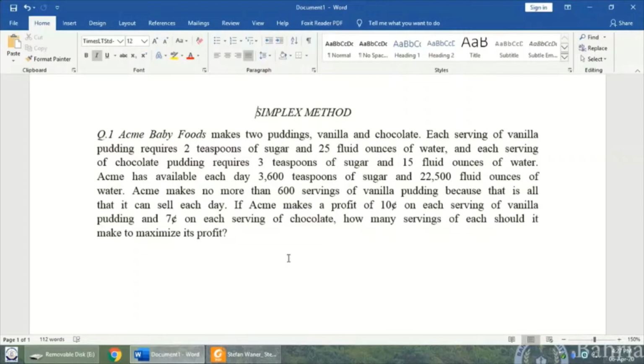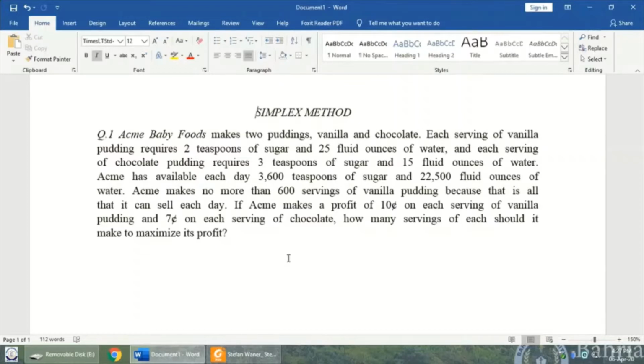So basically we have to consider making constraints in the variables of x, y, and then we can have certain other variables which are introduced with the main variables, which are known as the slack variables. So now two puddings, one could be x and the other could be y.